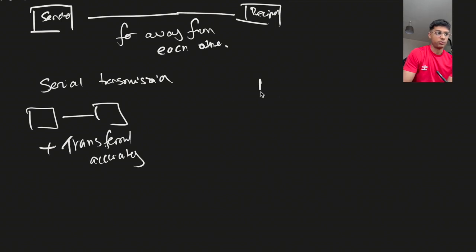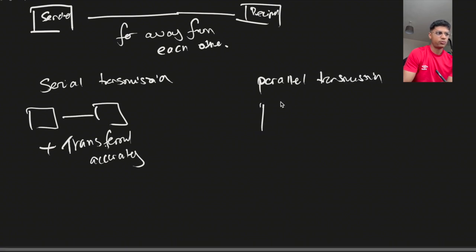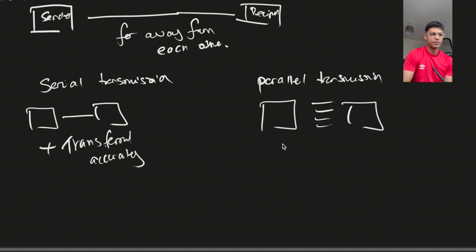In parallel transmission, just to recap, we have a number of transmission lines. Now, in a technical sense, this transmission method, especially if you're communicating information between a sender and receiver which are very distant from each other, could have a number of problems.